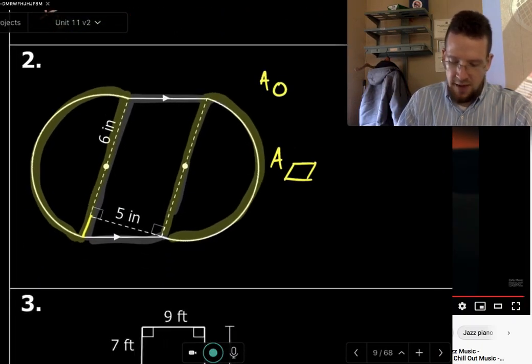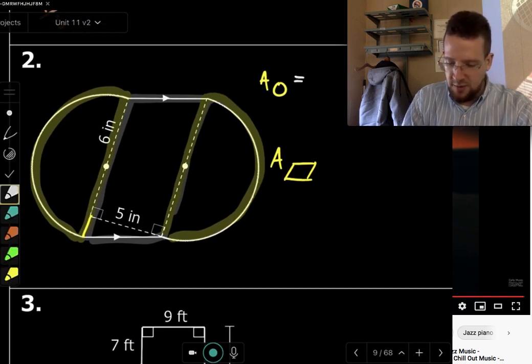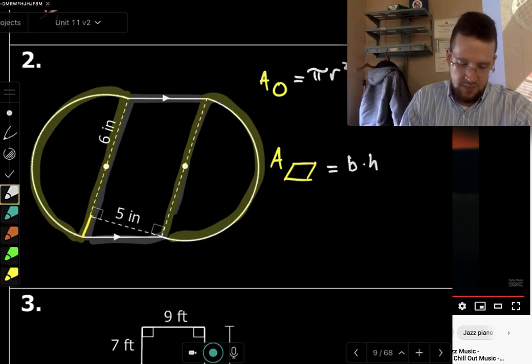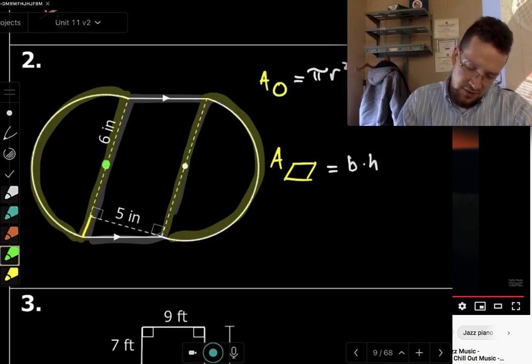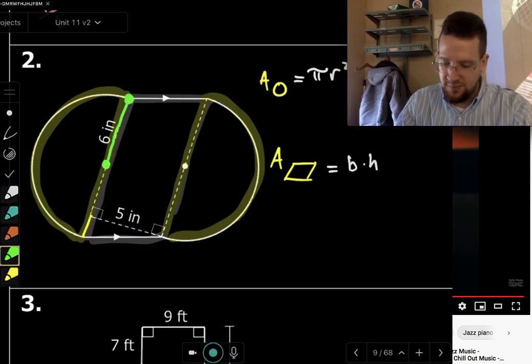So here we go. Now we have the area of a circle. This is pi r squared. And this is just base times the height. And you'll notice the 6 inches is here, and this is the radius. So this is going to be pi times 6 squared. We can do that in the calculator.